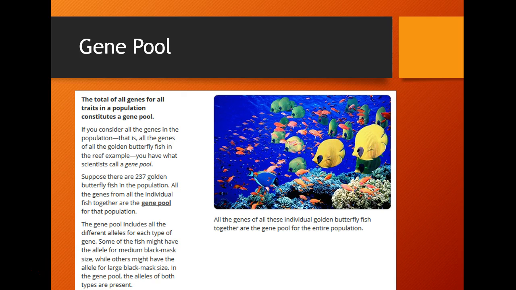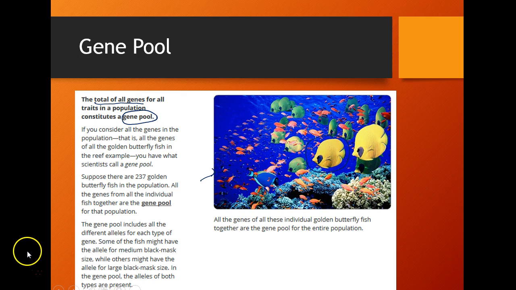Okay, so when we look at a population, we also look at its gene pool, which is the total of all the genes for all traits in a population. Okay, so that's another important word you're going to need to know, gene pool. So if you look at this picture right here, let's say we're looking at the population for this butterfly fish.